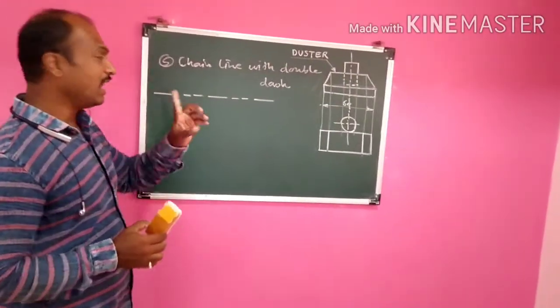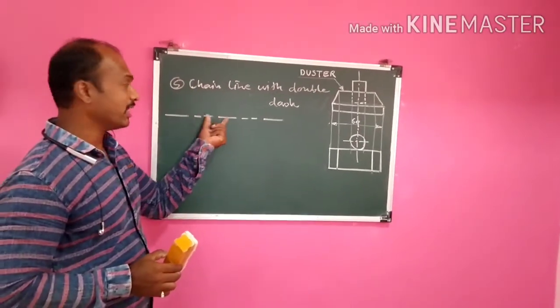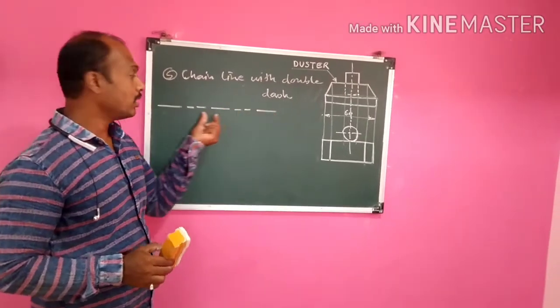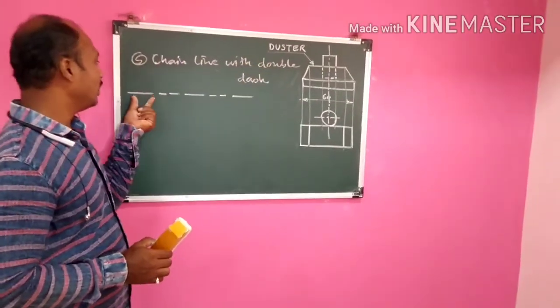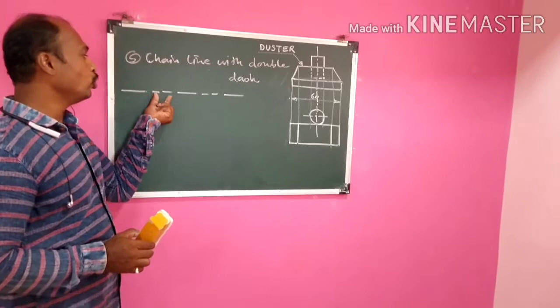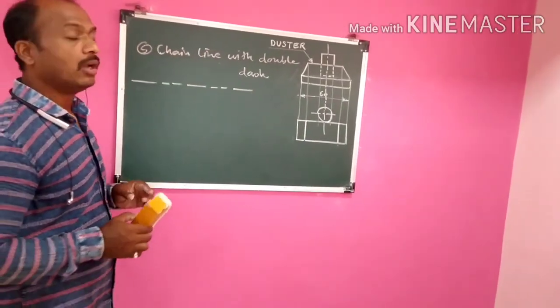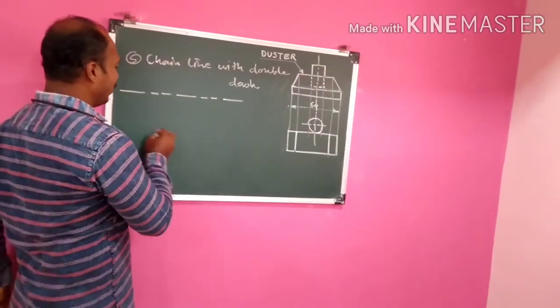In the chain line there is one longer dash, one shorter dash, longer dash, shorter dash, and the ends are longer dashes. But in this chain line with double dash, the line is a longer dash, two small dashes, a longer dash, two shorter dashes, like this.